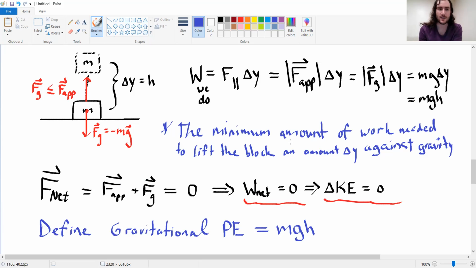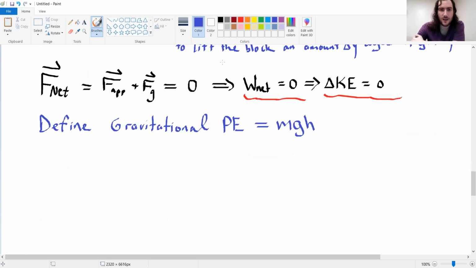And eventually it's going to return to the surface of the Earth from where it came, and it's going to have a velocity that it collides with the surface of the Earth with, right? So this guy's going to accelerate. It's going to build up velocity as it falls down back towards the surface. And let's go ahead and calculate what that velocity would be if we let this mass fall, okay? So we define this potential energy as mgh.